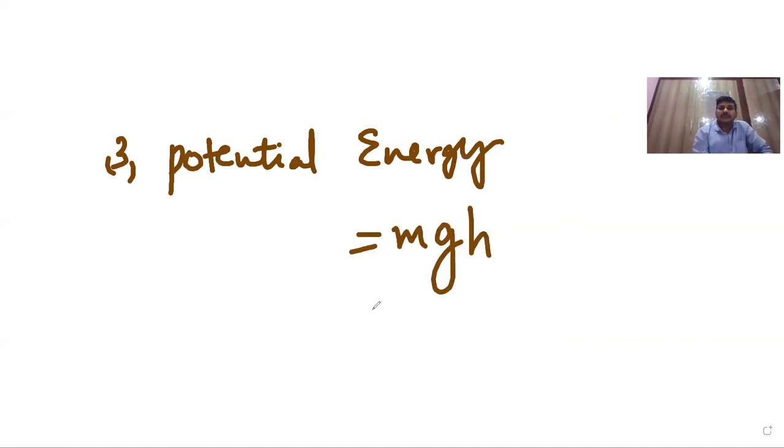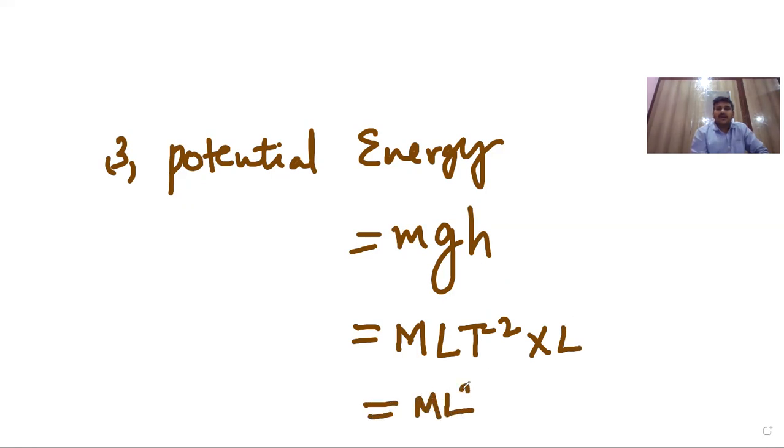M stands for mass, g stands for acceleration due to gravity, h stands for the height. M, acceleration due to gravity is LT minus 2, height is nothing but again L. So final dimension formula is ML square T minus 2, which is same as that of the work or the energy. Clear? Okay.